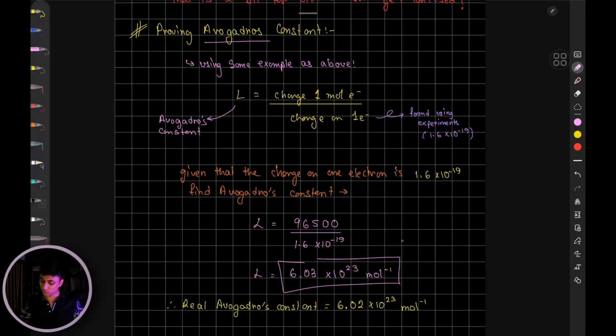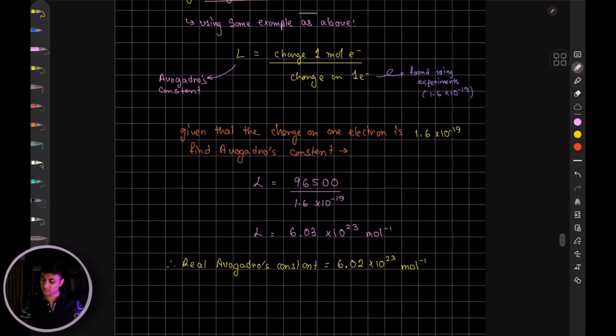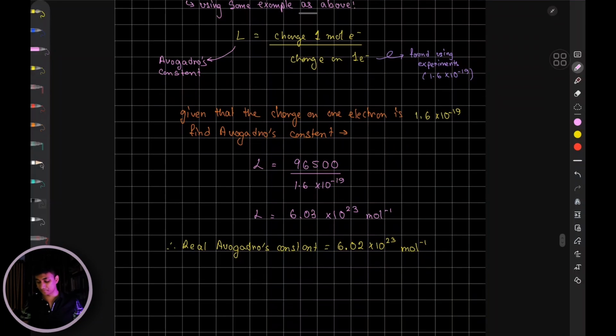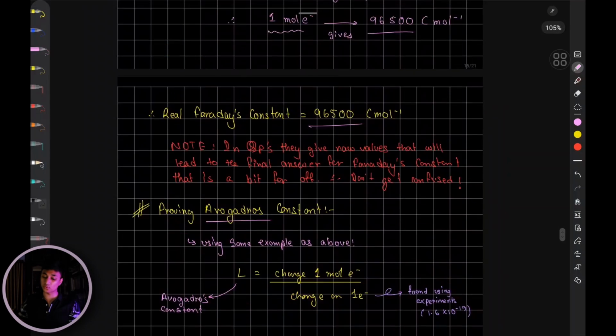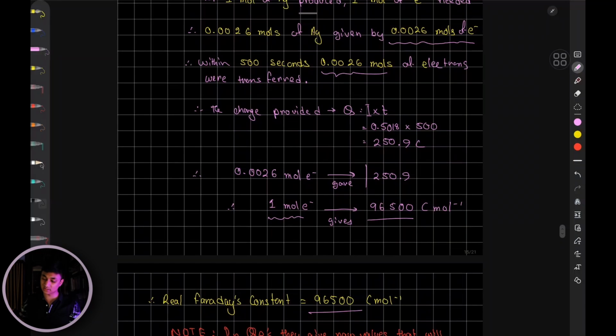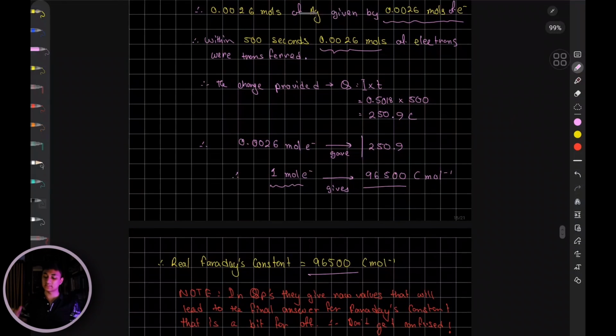In our case, the value we get is 6.03 × 10^23. The real Avogadro's constant is 6.02 × 10^23, which is all right. Even in your derivation of Avogadro's constant, your answer might be slightly deviated, but that's nothing to worry about. That is going to happen if your answer in the previous step is slightly inaccurate.